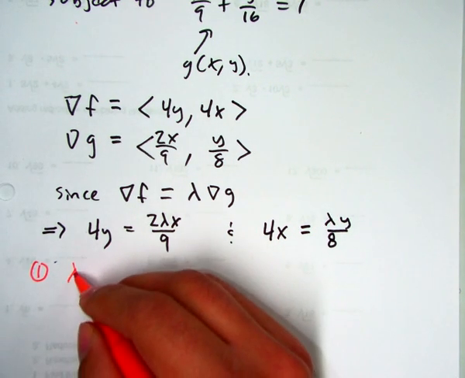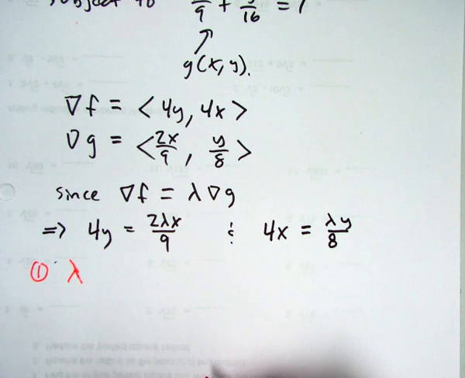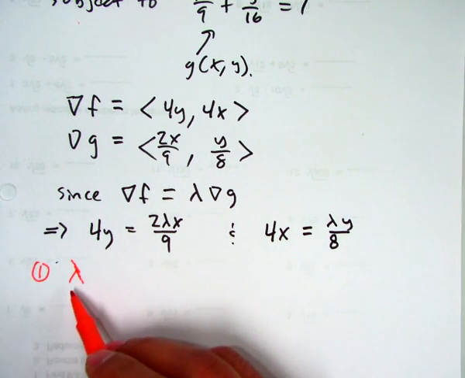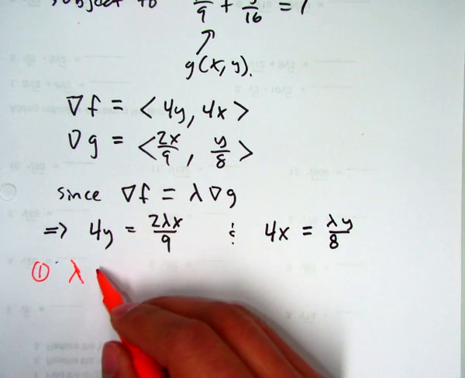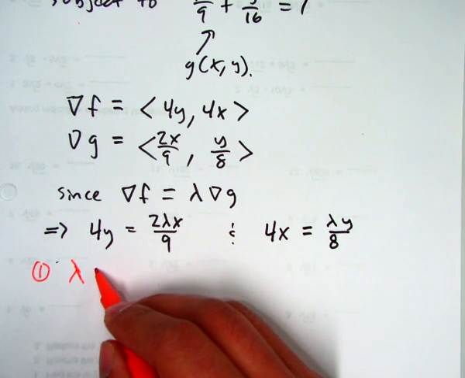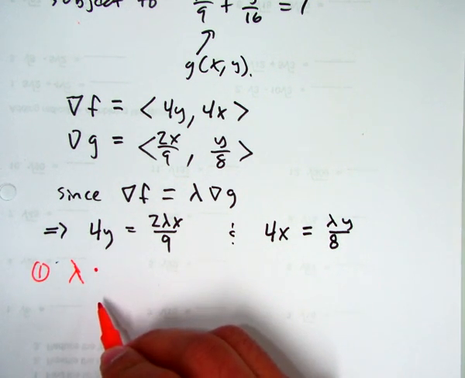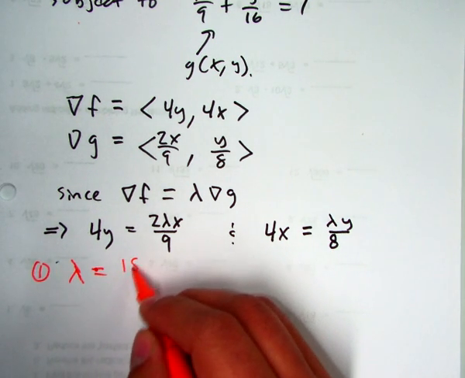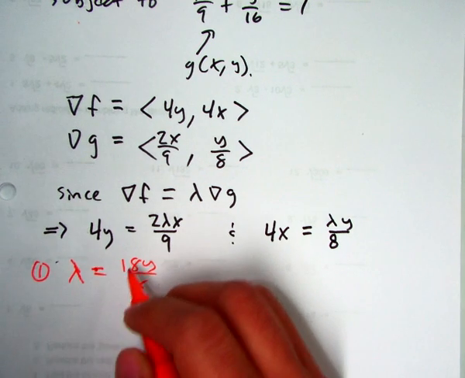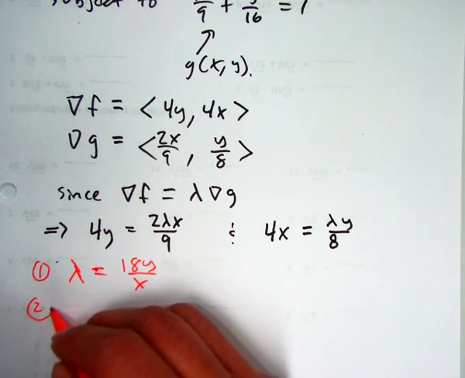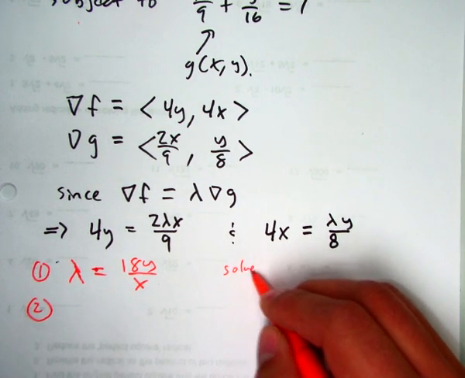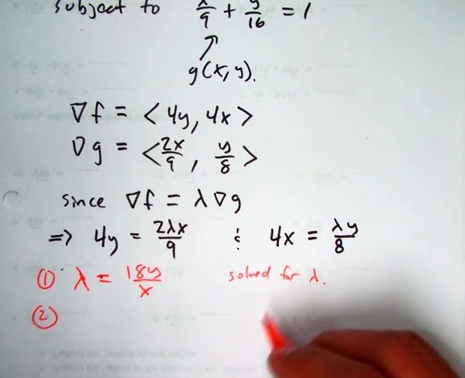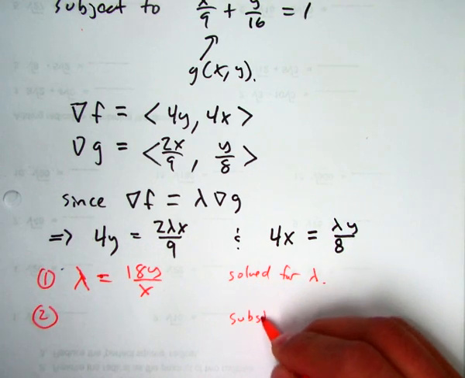So, first I'm going to say we should get lambda alone. So, if I solve for lambda, let's use the first equation. What do we get? Okay. So here I solved for lambda. Now I'm going to substitute into the other equation.